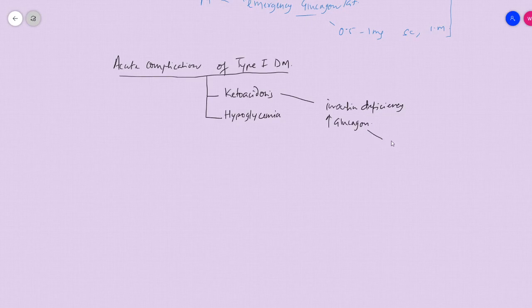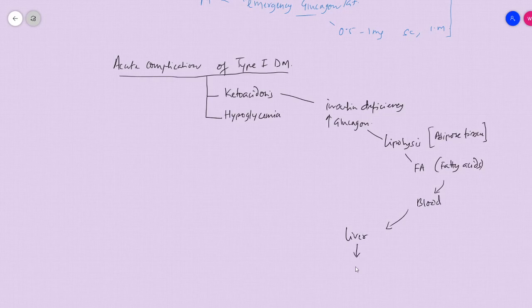And this glucagon brings about lipolysis, the breakdown of triglycerides to fatty acids and glycerol, in the adipose tissue. This results in liberation of fatty acids into the blood, and through the blood they reach the liver, where the liver produces ketone bodies.